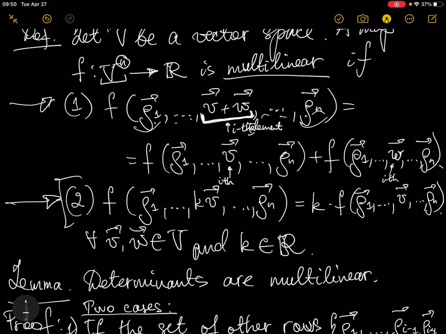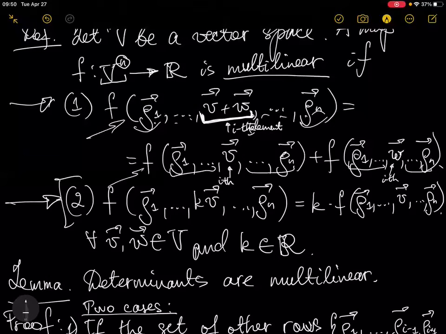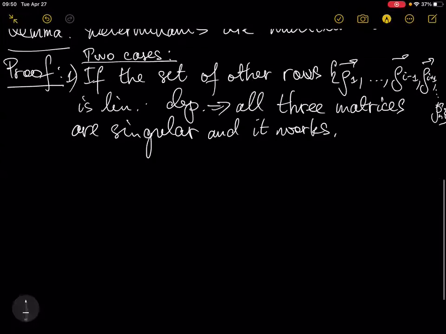Essentially, if the other rows, all but the one we are working with, are linearly dependent, then we know that if rows are linearly dependent, the determinant is equal to 0. So then this is equal to 0, and here we will have 0 plus 0, right? So it's obvious.